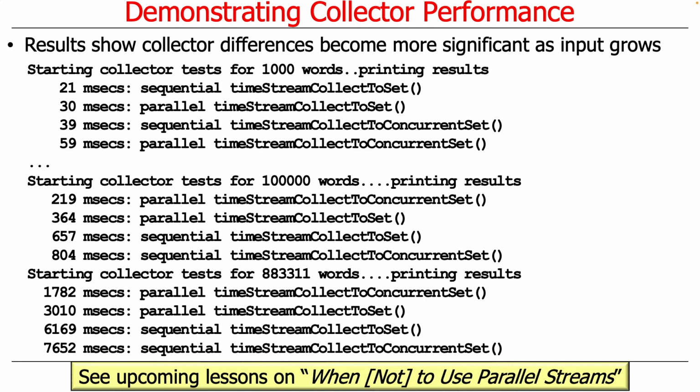So I think these results are really quite interesting, and they demonstrate the richness of understanding why there are different types of collectors and when collectors get used for different types of data structures, different types of collections, how that makes a difference, how the number of n elements we're dealing with makes a difference, and how the use of concurrent versus non-concurrent collectors makes a difference.